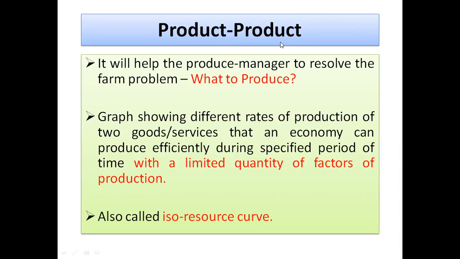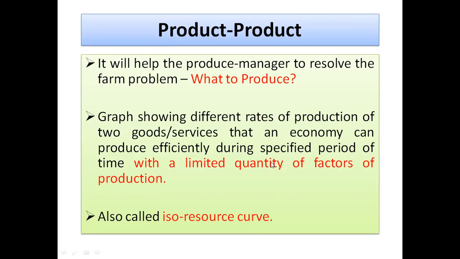So what is this? For products, we generally use the production possibility curve, that is the graph showing different rates of production of two goods and services that an economy can produce efficiently during a specific period of time with a limited quantity of factors of production.